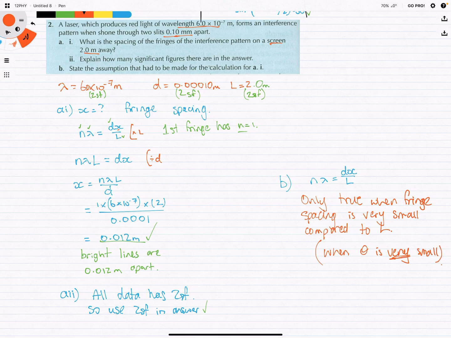That's our assumption. It's only true when theta is very small. All right, I hope that helps.